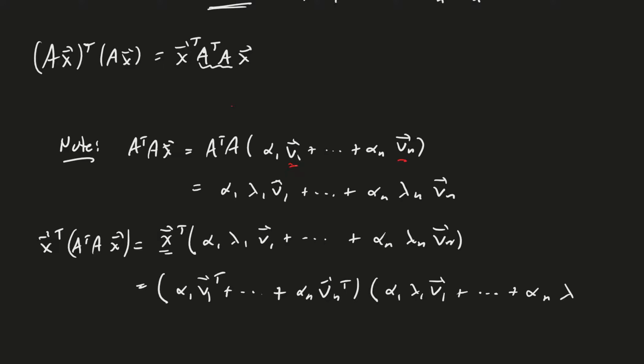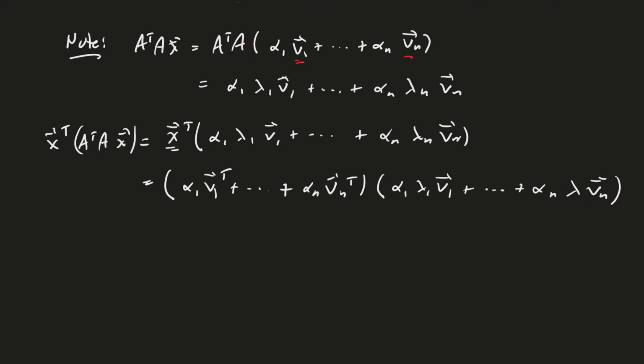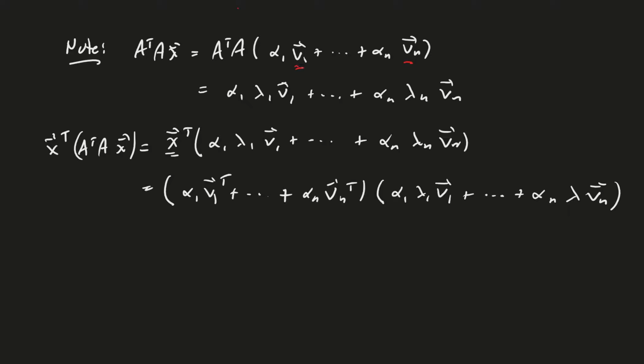Now this is a lot of stuff to keep track of, but it's not too bad because the v's are orthogonal to each other, right? So let's see, when I multiply this times this, I'm going to get alpha 1 squared times lambda 1, but then v transpose times v is equal to 1, plus, and then if I multiply through by the rest, by orthogonality, that's just going to be a bunch of zeros until I get to the next one, which would be alpha 2 squared times lambda 2 plus a bunch of zeros.